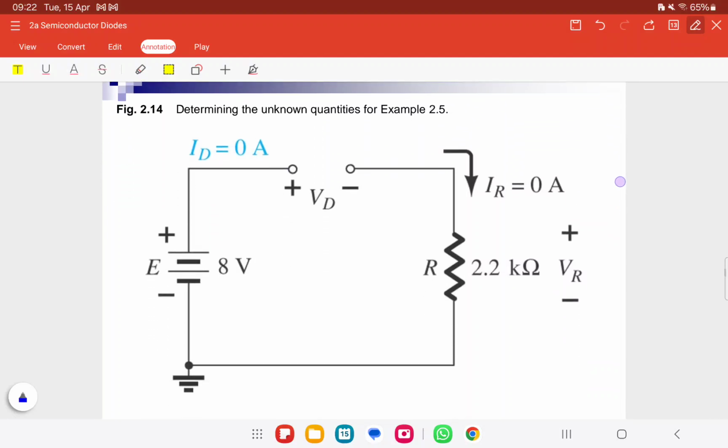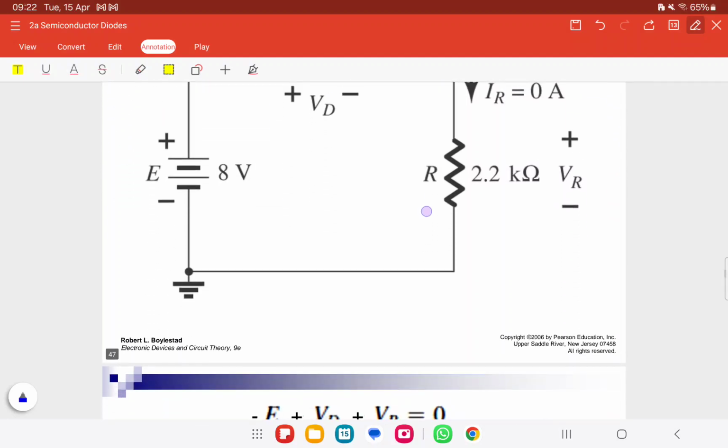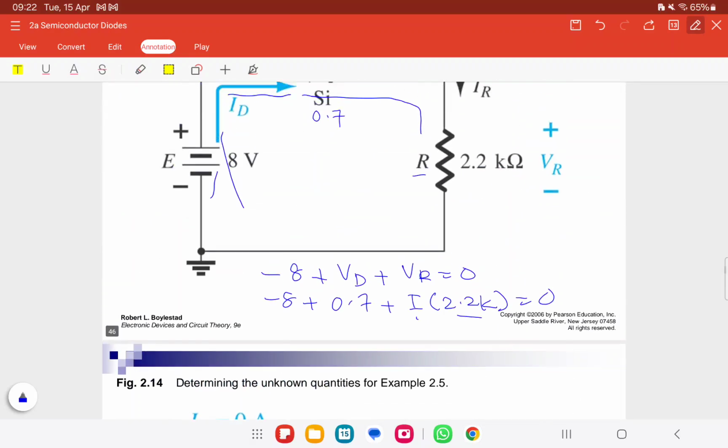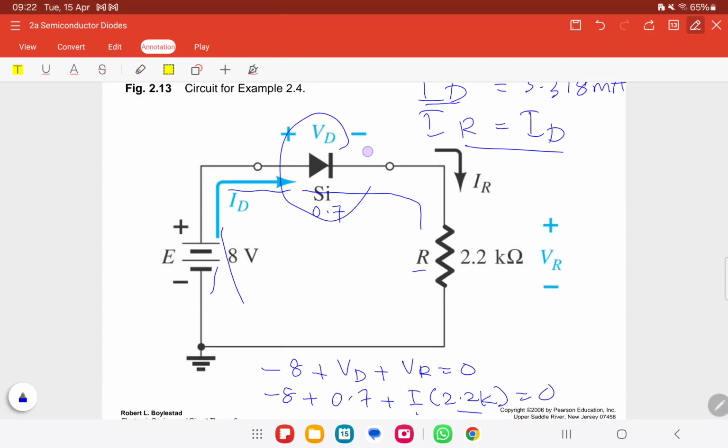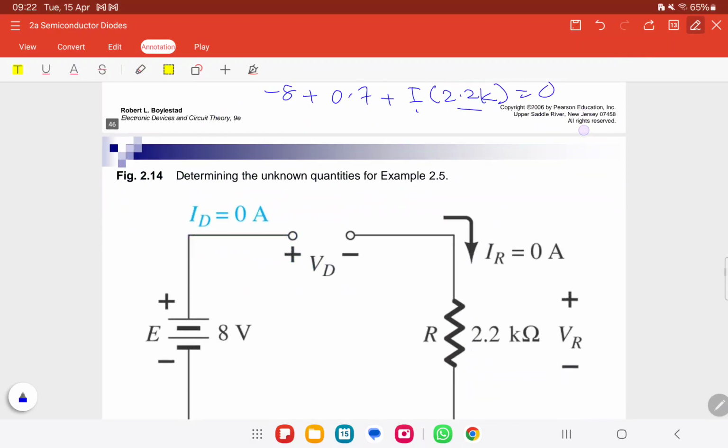This one here is an example when we change the polarity of this diode. We reverse it. The diode is like this, negative, positive.